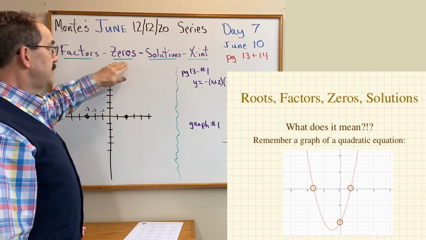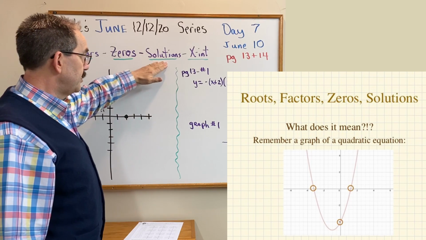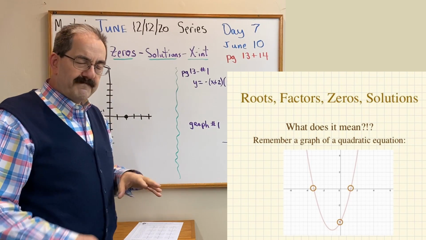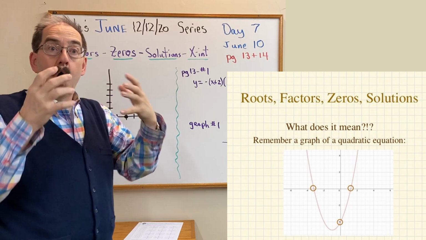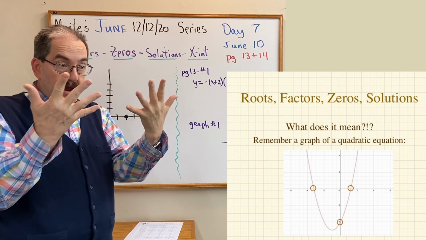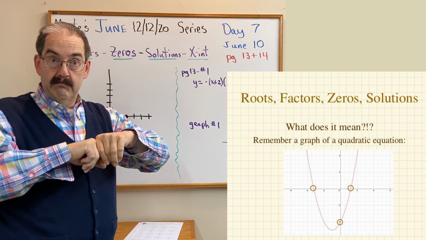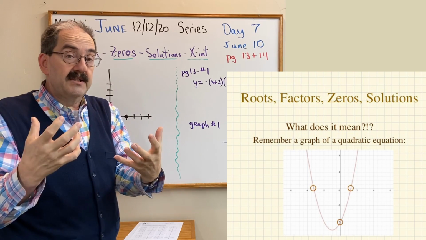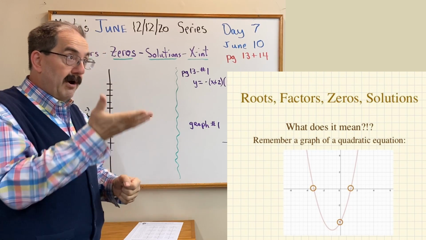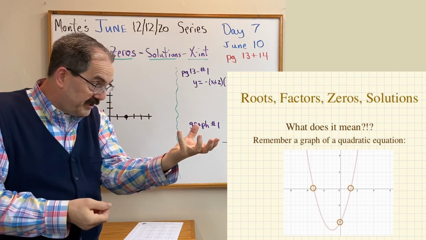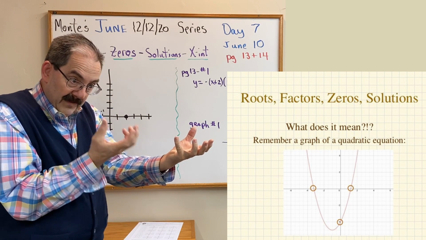Factors, zeros, solutions, x-intercepts. Now, it's not quite fair for me to say that they're all synonyms, but they are all related. They're the key pieces when we're doing algebra, okay? If I throw the ball up and I catch it, when I threw it up, that's a 0.